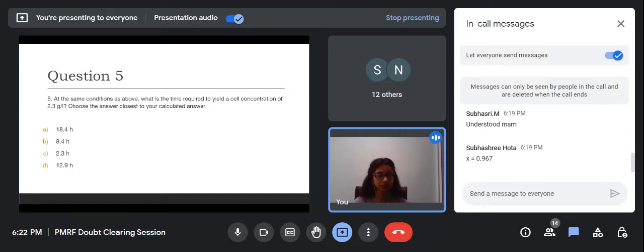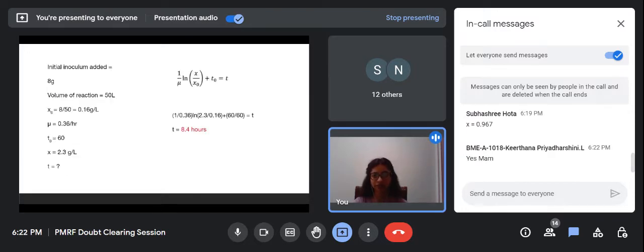Do you at least understand how you would do this question? It's very similar to the last question. You just have to change a few things. The formula is the same.